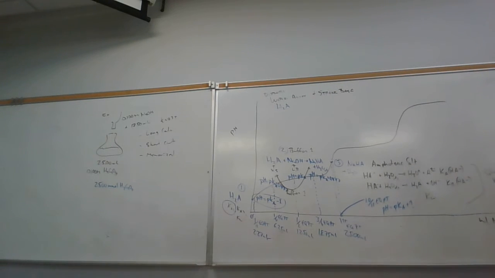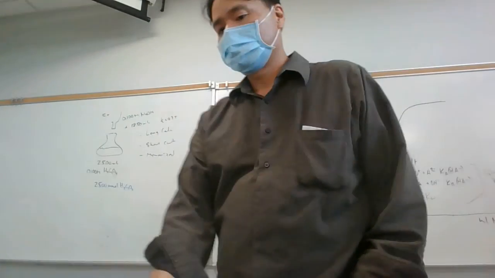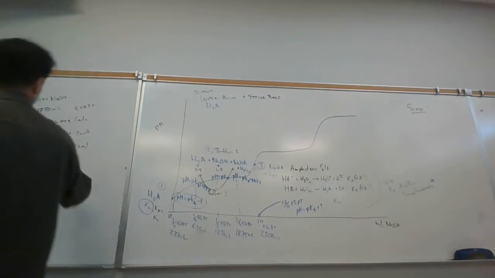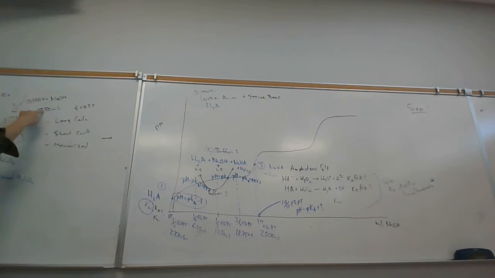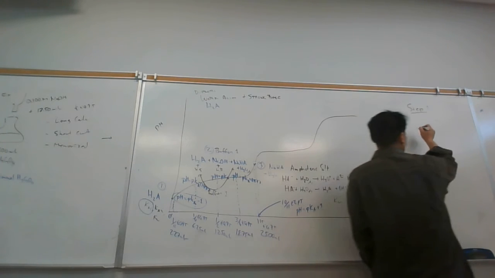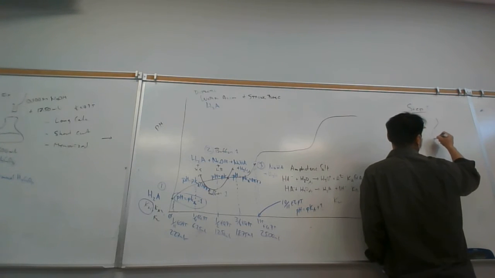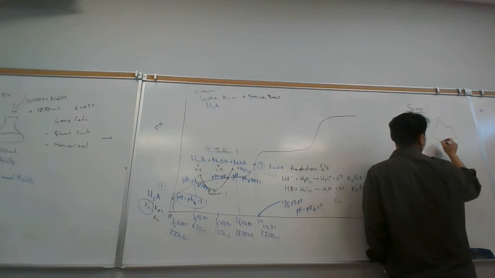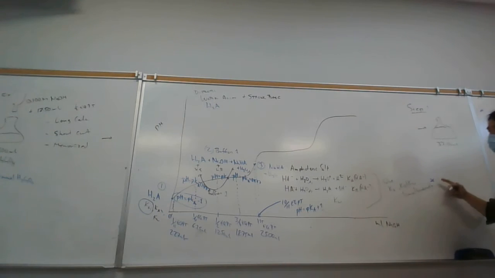Step I is what? Solution dilution. We're taking 12.5 milliliters of base and adding it to 25 milliliters of acid. So 12.5 plus 25 is 37.5 milliliters of reaction mixture, the total volume.